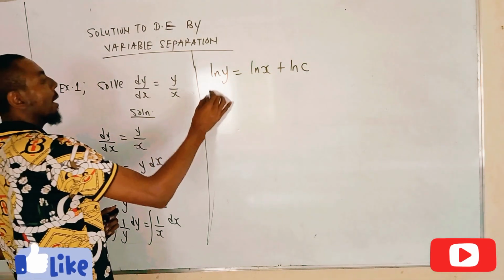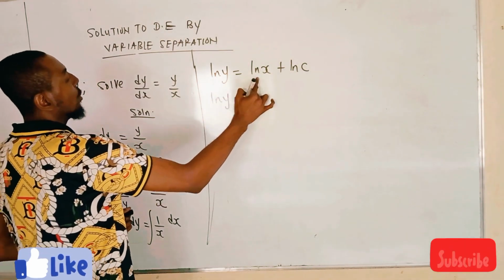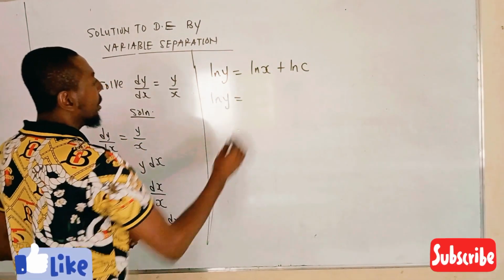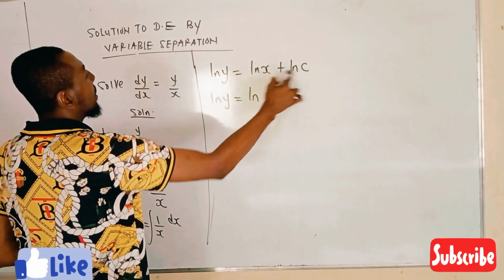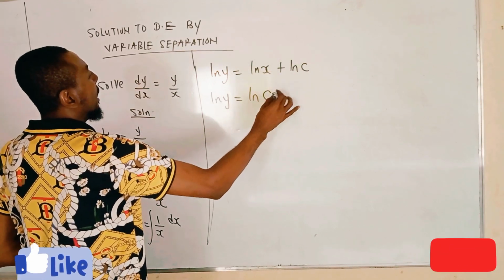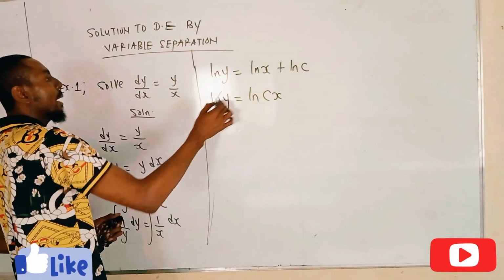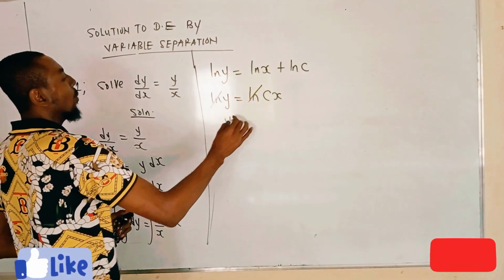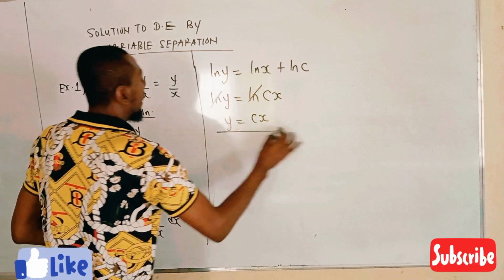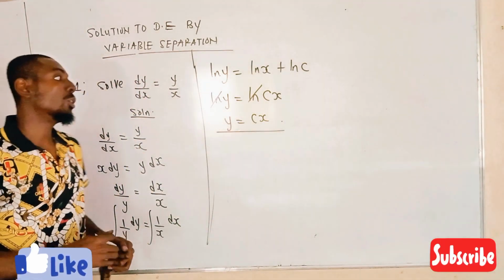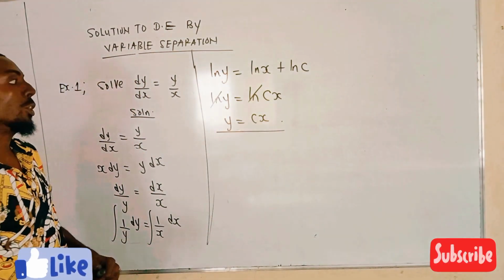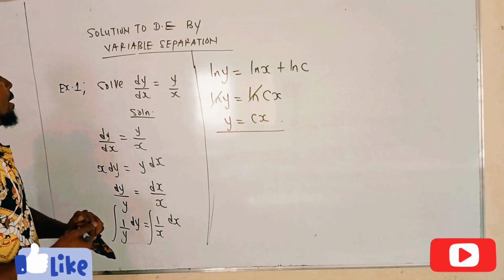So we have ln y is equal to, according to the law of logarithm, ln of cx, because addition means multiplication of numbers. So we take out the ln from both sides: y is equal to cx. So this is the solution to the differential equation. Hope you get that very well.